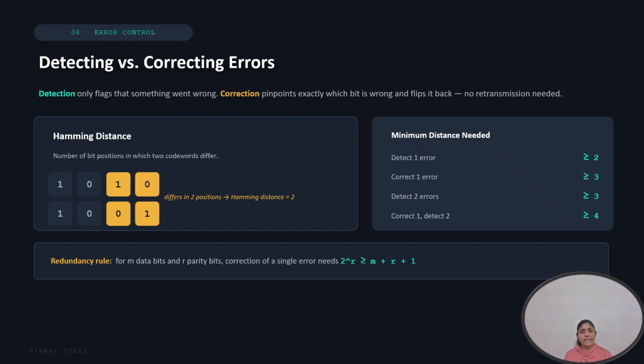What is meant by correction? Where the error happened and where the bit got flipped, that is termed correction. But no retransmission is needed. Okay. So detection means it only flags that something went wrong. Correction means finding which bit is wrong and flipping it back.